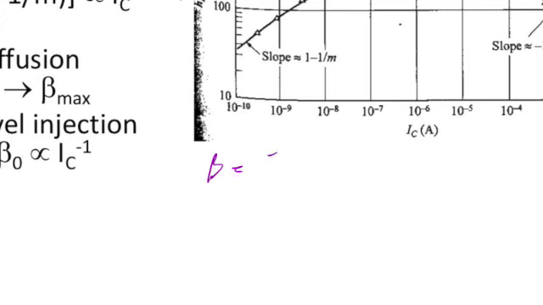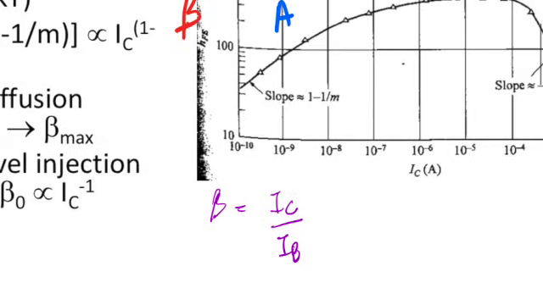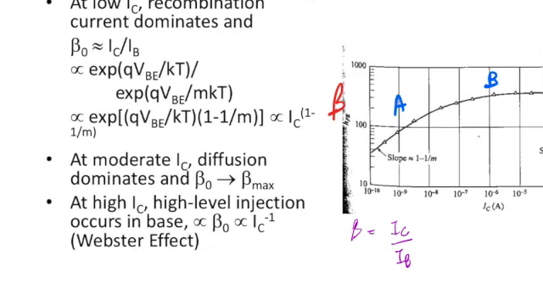Beta equals IC over IB, right? This is what we know. The gain of the transistor is a function of the collector current and the base current. Now the case is we are at a low collector current. At low collector current, the base current dominates. Because if the collector current is high, any changes in the base current will not make any significant difference to the beta.